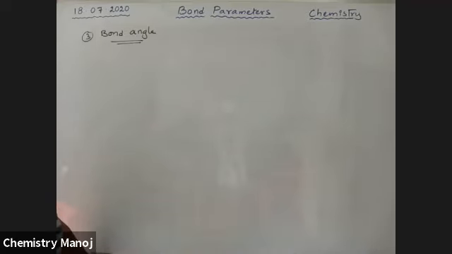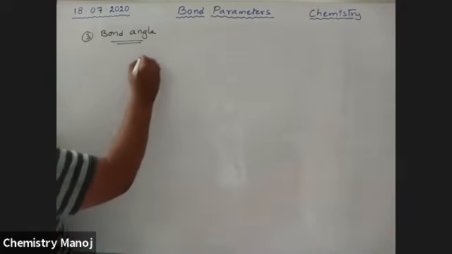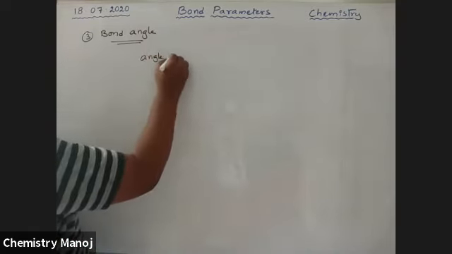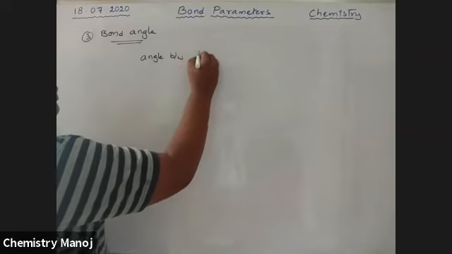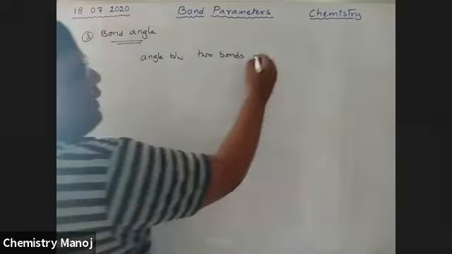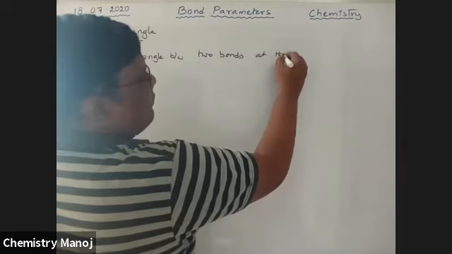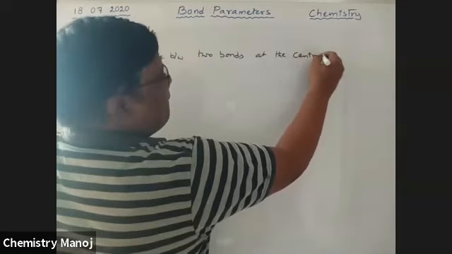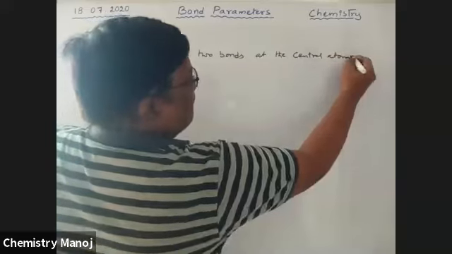It is the angle between two bonds at the central atom in the molecule.